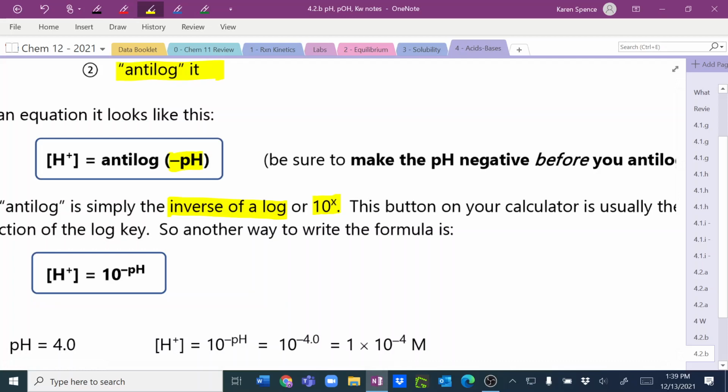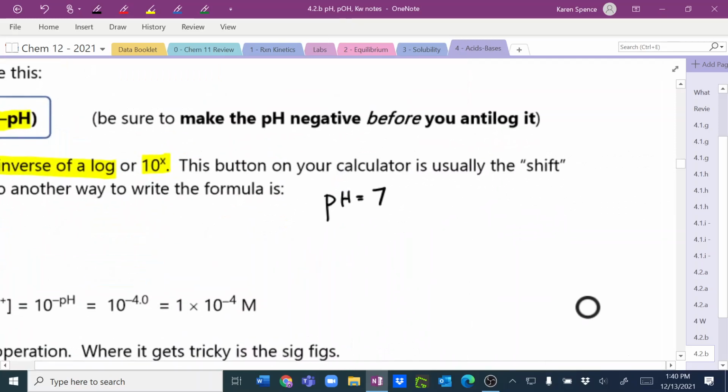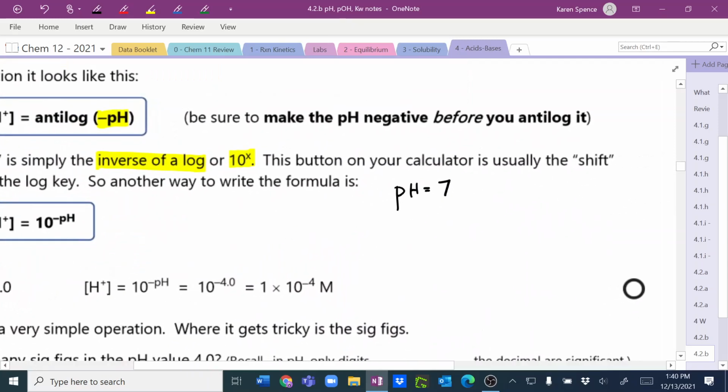Because if I had pH equals 7, let's just do it with a number that's nice and straightforward, what would my hydrogen ion concentration be? 10 to the negative 7. And if my pH were 3, my hydrogen ion concentration would be 10 to the negative 3.